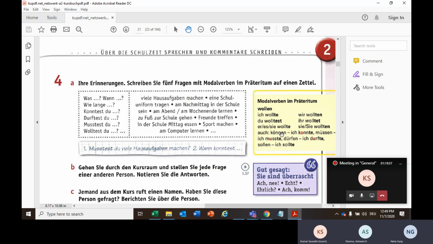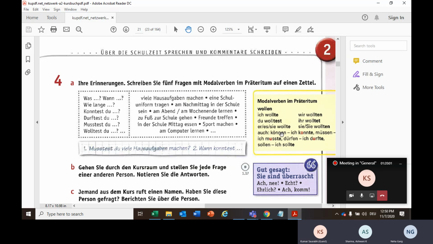Read the second one. Was in der Schule Mittagessen? Here you haven't used any modal verb in Präteritum. Where is the modal verb? Modal verbs are used in the third and the fourth. Okay, so you had to use it in the second one also, no? It's the same question which Ashwini had written.